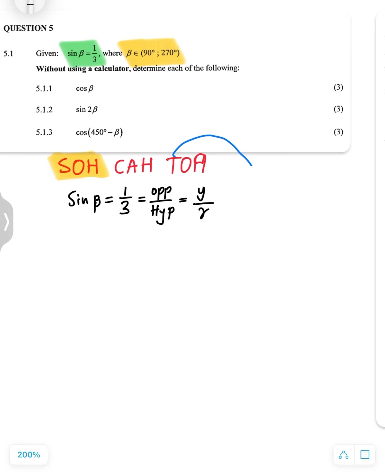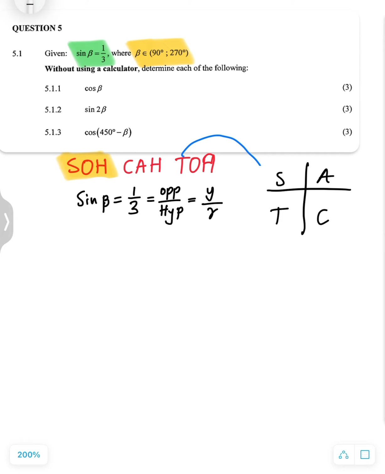But now we also need to know that sine beta is positive 1 over 3. Sine is positive in which quadrant? We're going to draw that quickly using CAST. CAST will help us to know which quadrant to draw the diagram.